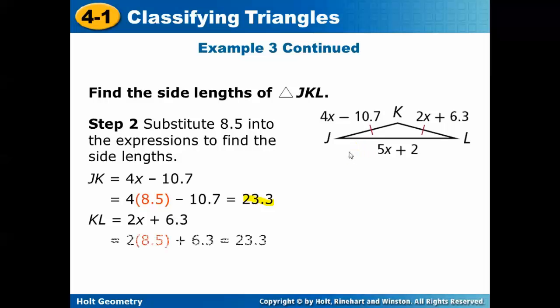Substitute 8.5 in the 2x plus 6.3, and we get, again, 23.3. Since those are congruent, that makes sense that they're both the same. And then our last side, 5x plus 2, we substitute it in and we get 44.5. So we're able to, again, see what each side measurement is.